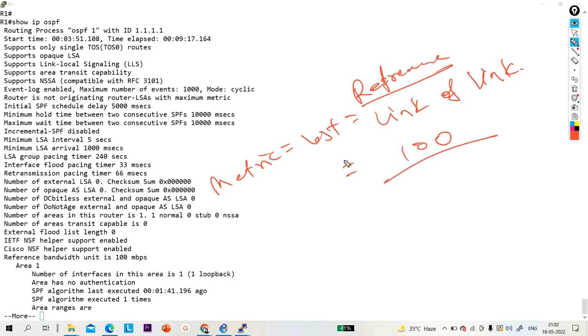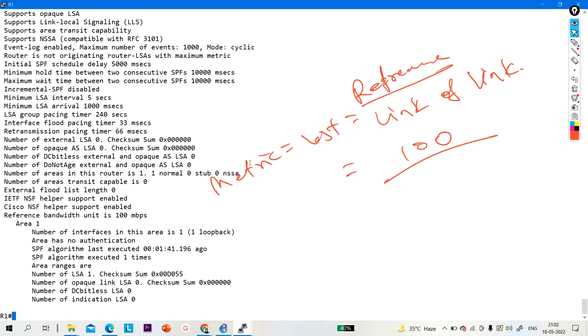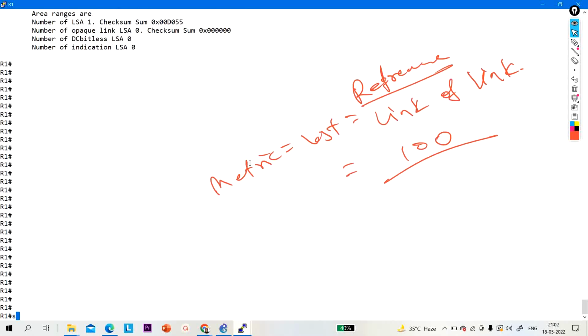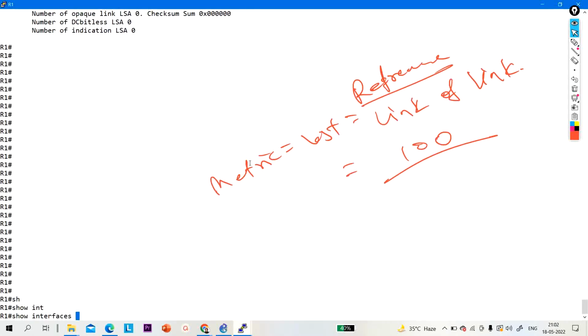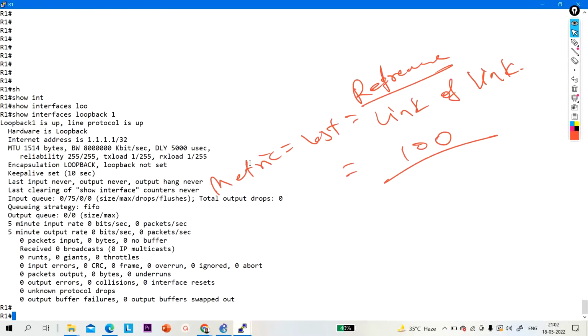After that, the bandwidth of my link. How will I check the bandwidth of the loopback interface? So show interface loopback 1.